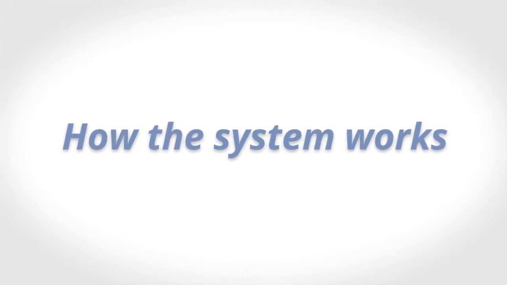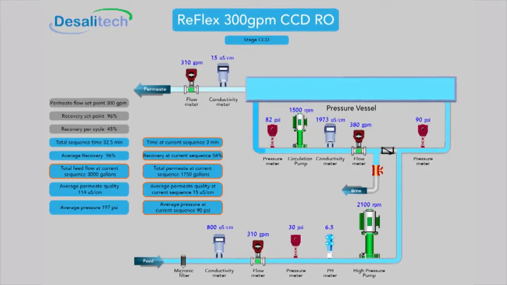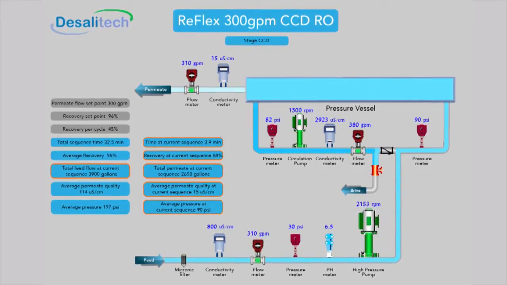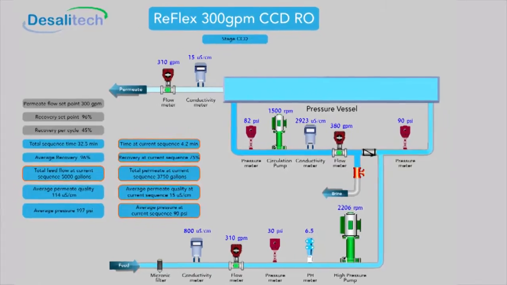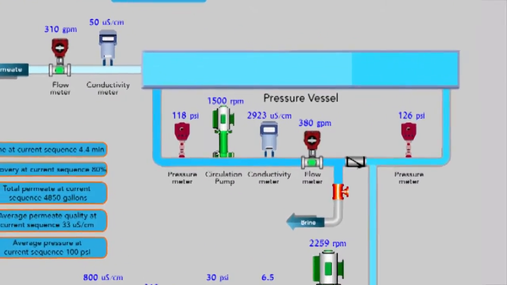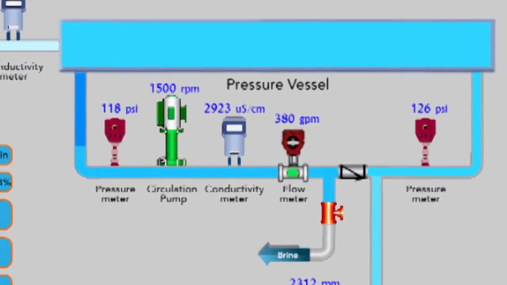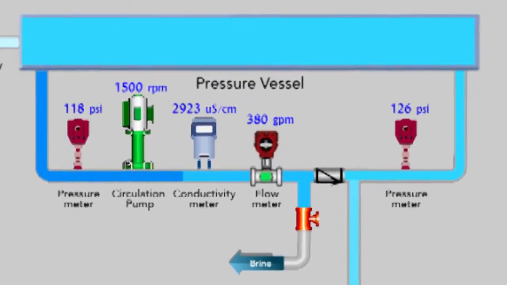Desalitech systems work in a batch-wise fashion in two modes: closed-circuit desalination, or CCD, and plug-flow desalination, or PFD. When in CCD mode, the feed water flow equals the permeate flow, while brine is circulated in a closed loop to provide cross-flow. Dissolved salts accumulate in the system volume.